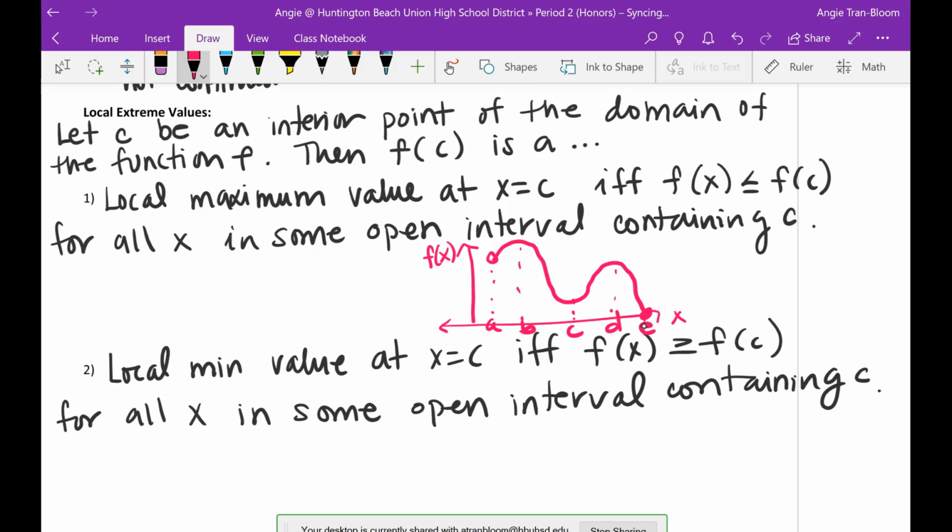So oftentimes, if it's just asking for max and min, you're looking for all of them. A square is a rectangle, and a rectangle is not a square. Same thing. Absolutes are also local, but locals are definitely not absolute.